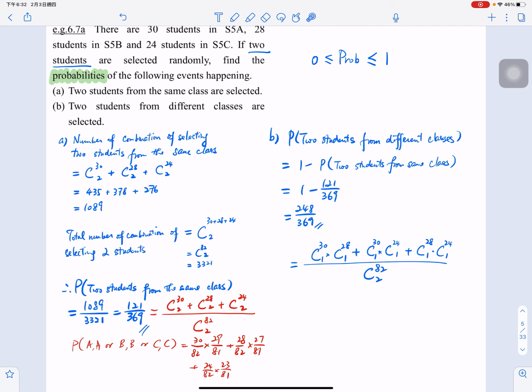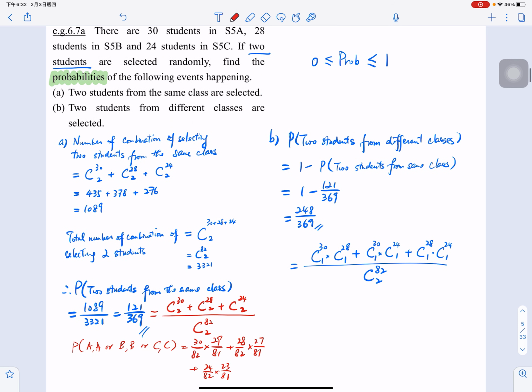Let's have a look. From class A and class B, maybe I use another pen. Another is from class A and class C. And the third one is from class B and class C. From class AB, from class AC, or from class BC.